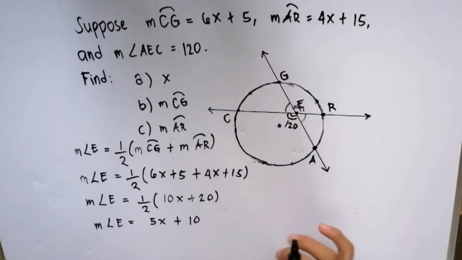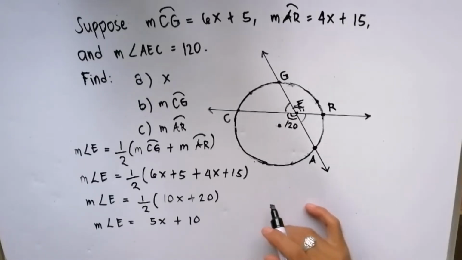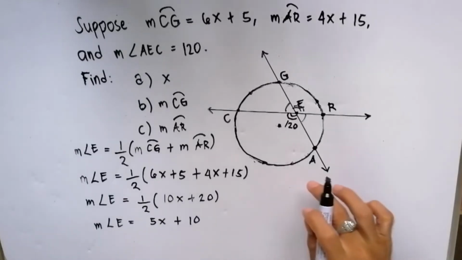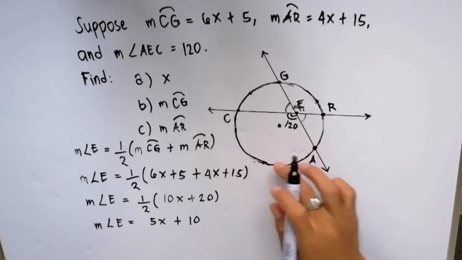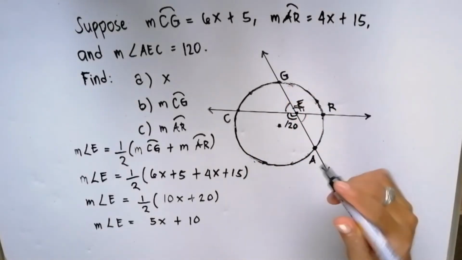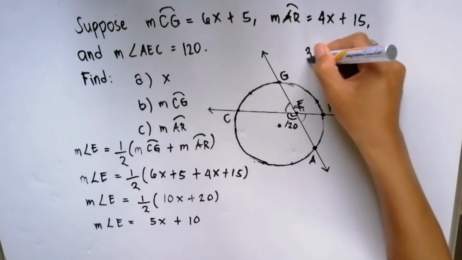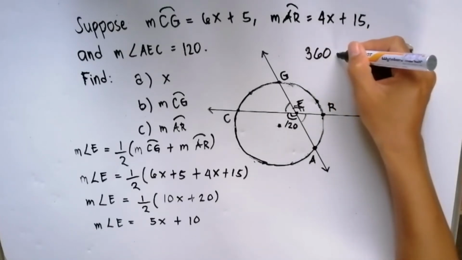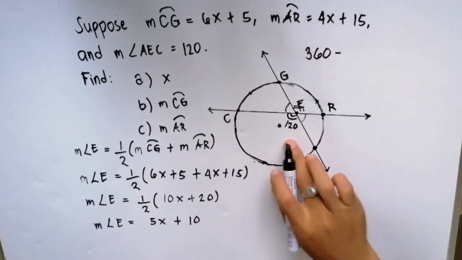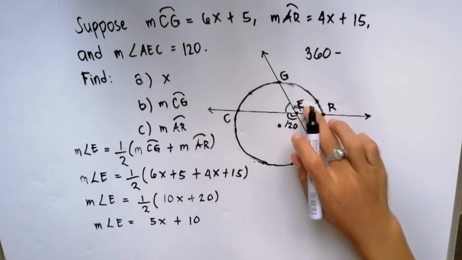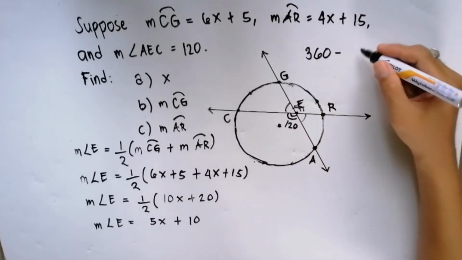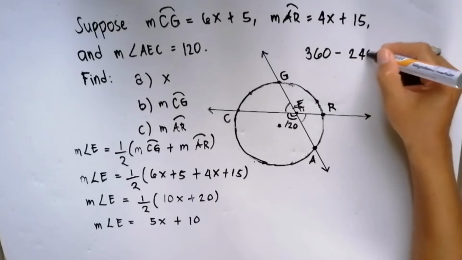So 360 minus the angle AEC plus GER. That is 360 minus 120 plus another 120, that is 240.